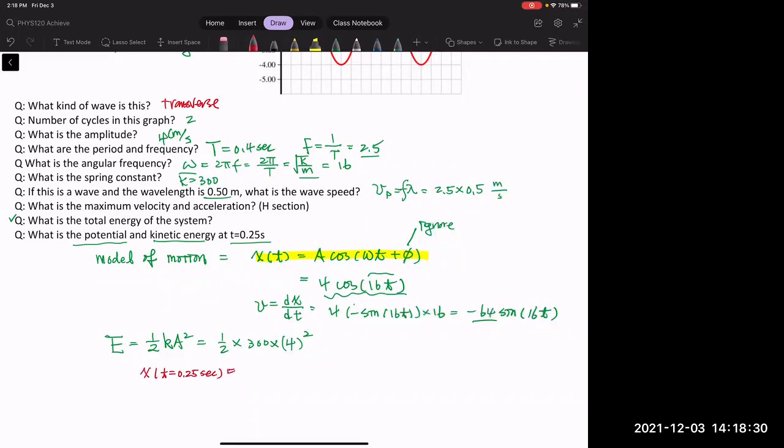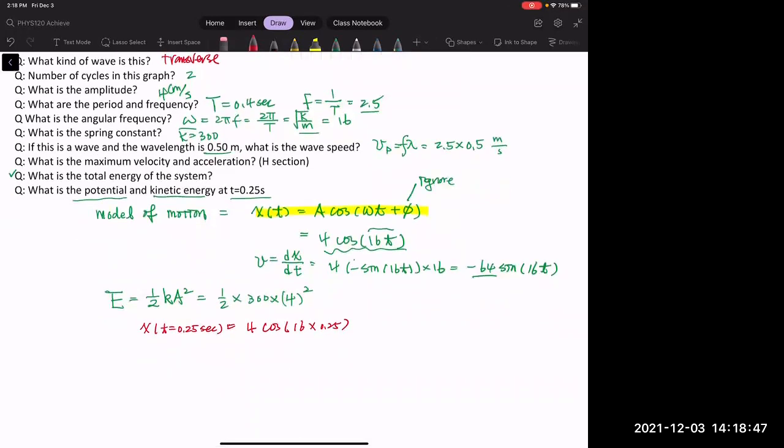You use this equation: the amplitude is 4, cosine omega is 16, and for the time you put 0.25. That's how you find the position. Once you find the position at 0.25, then you can find the potential energy.